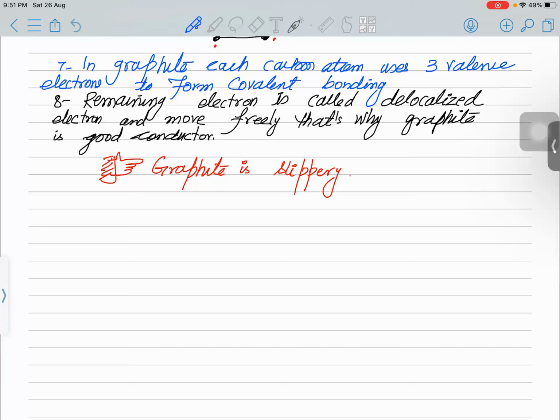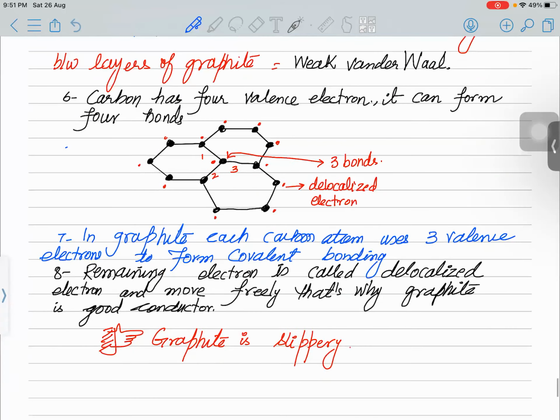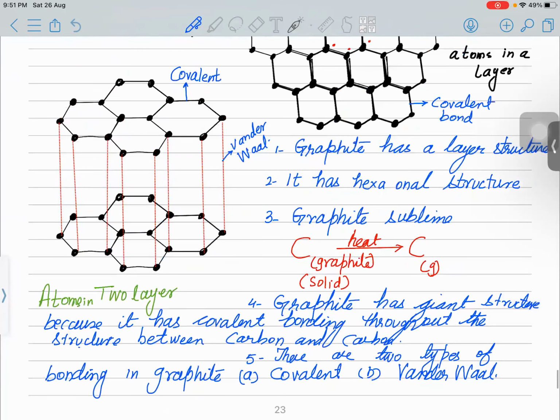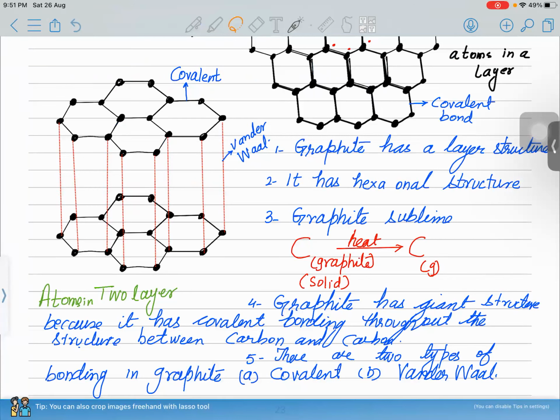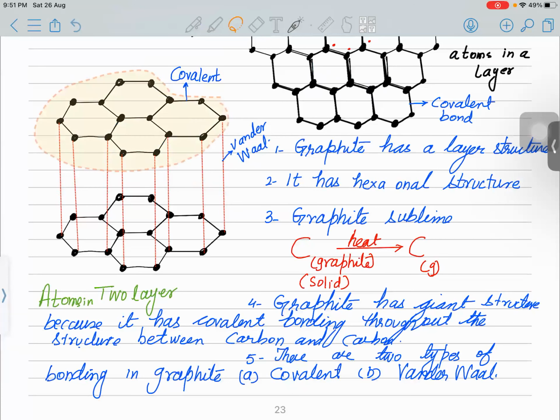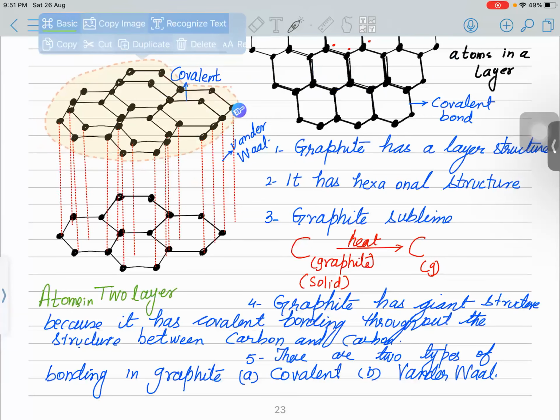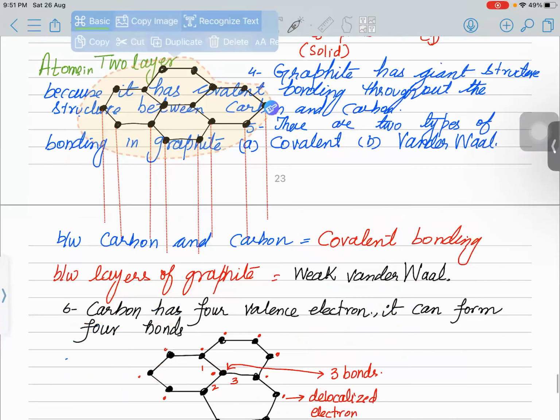Okay. You know that graphite has a layer structure, right? This is a graphite layer.